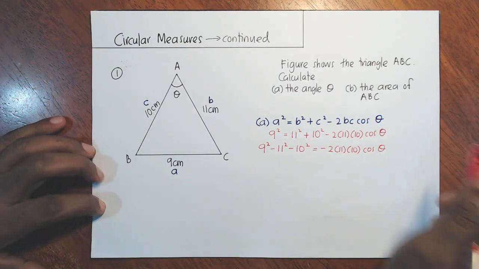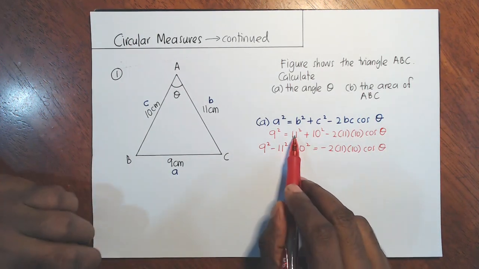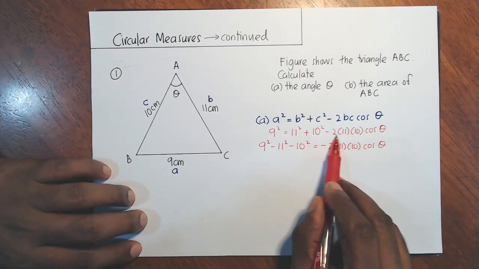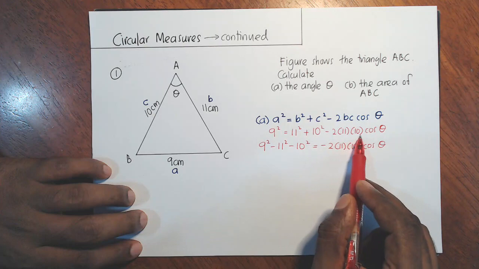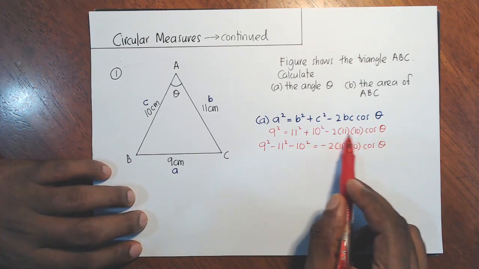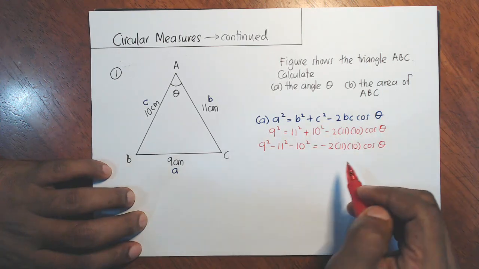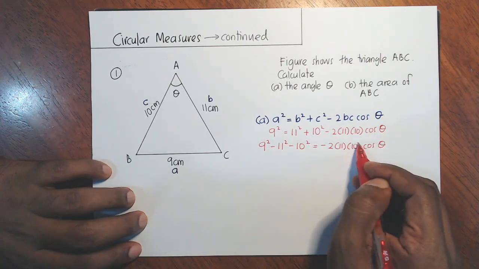The common mistake people make is that they calculate 11 square plus 10 square minus all this. You cannot actually minus all this because these numbers are multiplied with cos theta. You cannot operate this. So once you have moved everything here, then all these things you bring and divide.